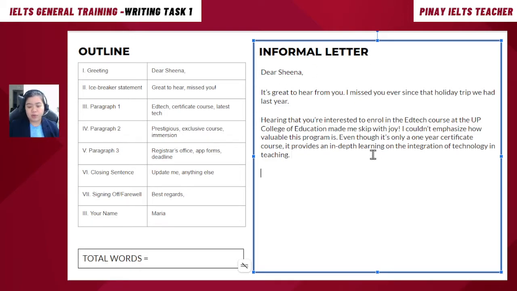Let's go to our second paragraph, which is now where we're talking about why I'm going to recommend this school. So I would go something like, additionally, UP is one of the most prestigious schools in the country.